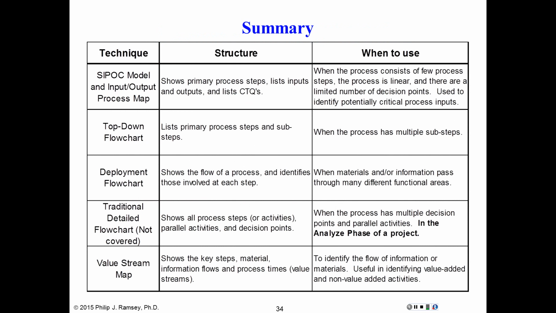Okay. And at the end, this is just a summary of the different types of charts. Again, I didn't really talk about value stream mapping. I just asked you to watch the video. They're used a lot with Lean, and basically a value stream map is similar in how it works to a deployment flowchart, except its focus is really on time and flow.